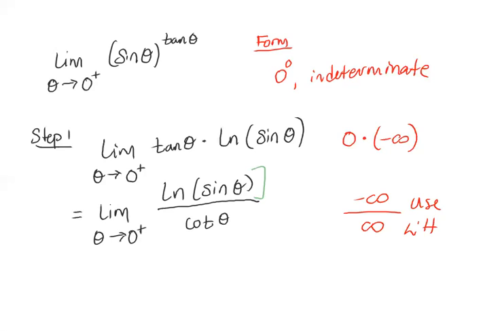The top function, I'm going to call f. That bottom function, I will call g. I need to find the derivative of both of those. f prime of x is equal to 1 over whatever is inside natural log, so sine of theta, times the derivative of sine, which is the cosine of theta, which I'm going to write as cosine theta over sine theta.